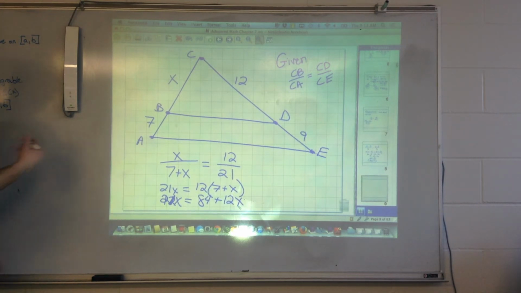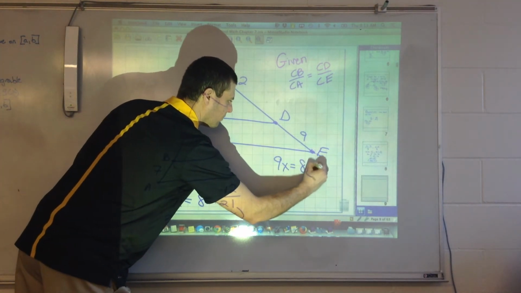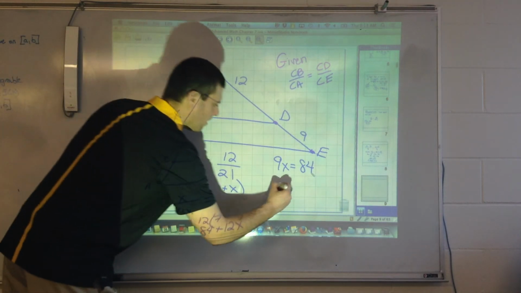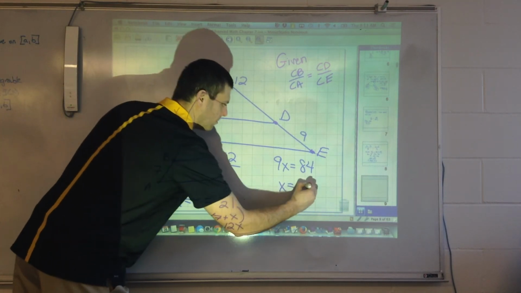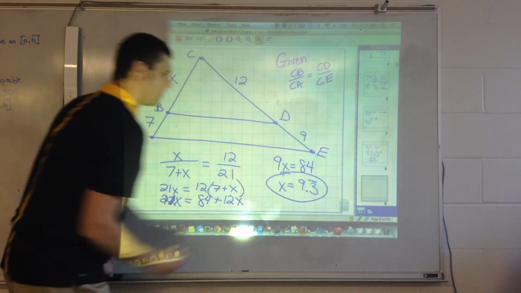So the minus 12x, that'll give me 9x equals 84. And last, divide by 9. 9.3 repeating, I believe. Nice.